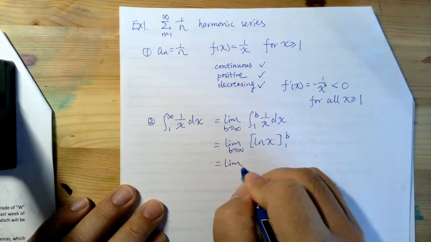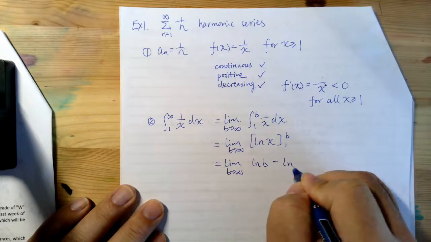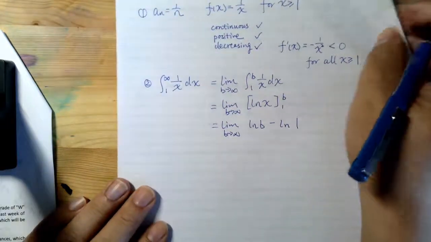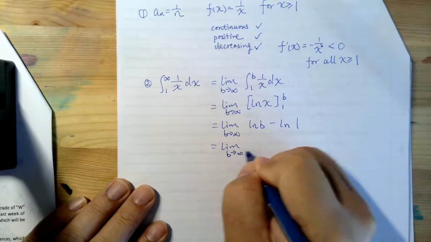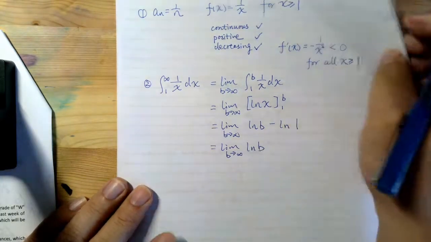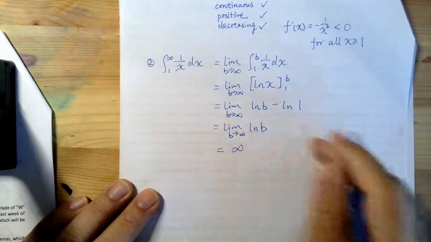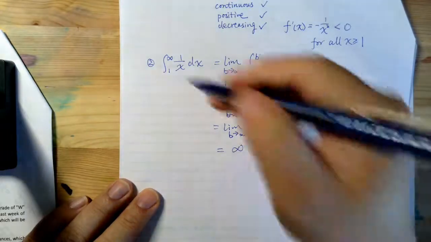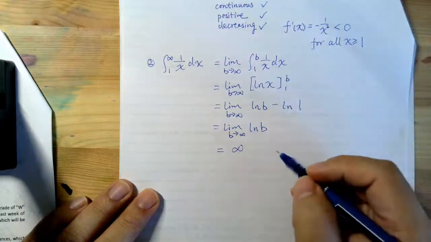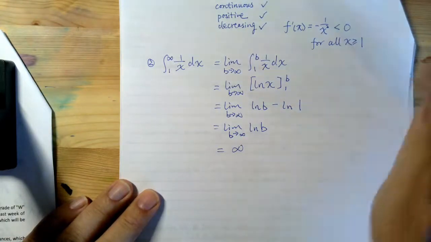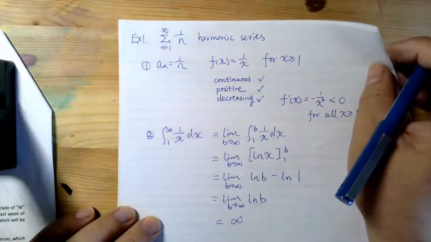Plugging in, that's ln b minus ln of 1. Ln of 1 equals 0, so that becomes ln of b. And as b goes to infinity, ln of b is also infinity. That means this integral does not converge. Hence, based on the integral test, our original series 1 over n also does not converge.